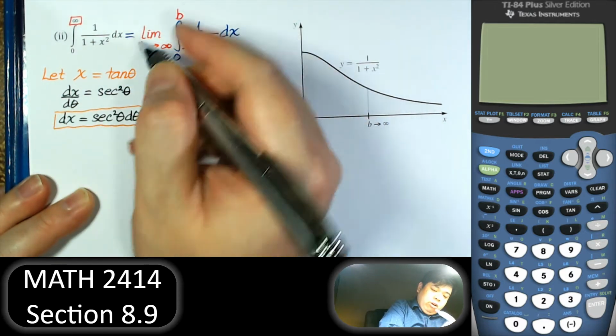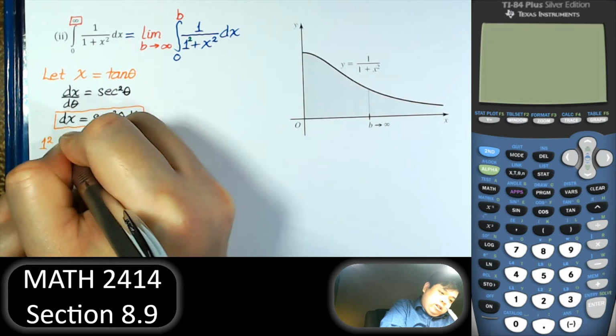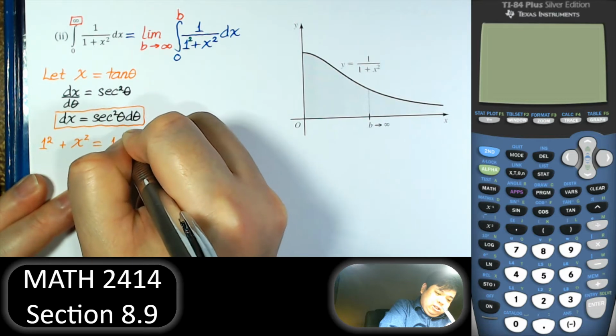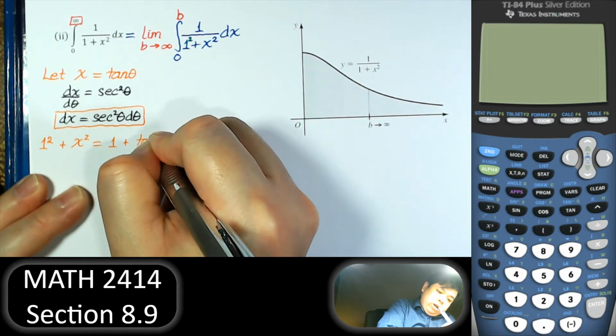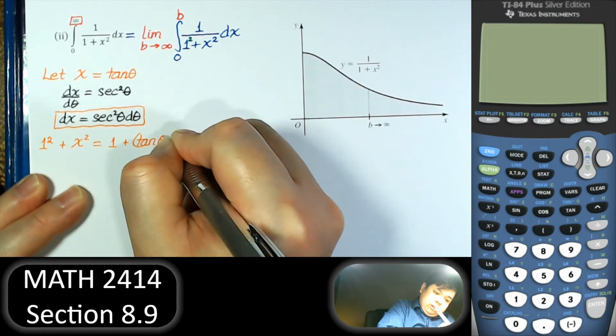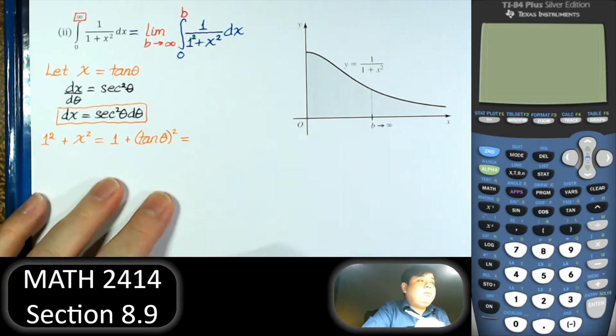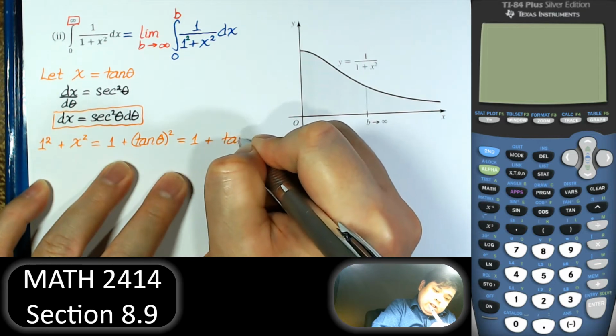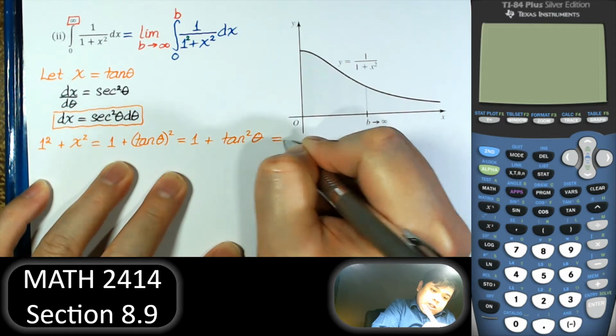And then next we convert the 1 square plus x square. X is tangent, so 1 plus tangent square is secant square.